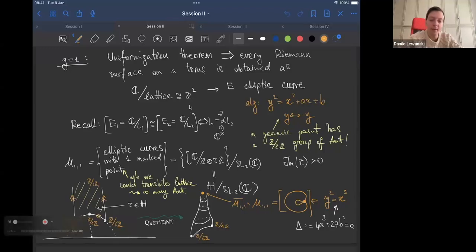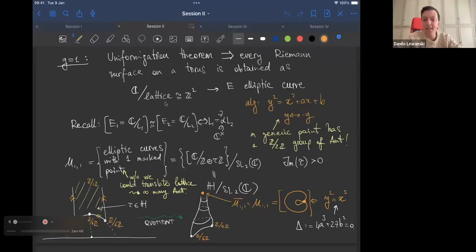And this parallelogram would just tessellate the entire complex plane. But depending on the angle of the parallelogram, you will get a different complex structure on the elliptic curve. So you will always get an equation, up to a reparametrization, of the form y squared equals x cubed plus ax plus b.